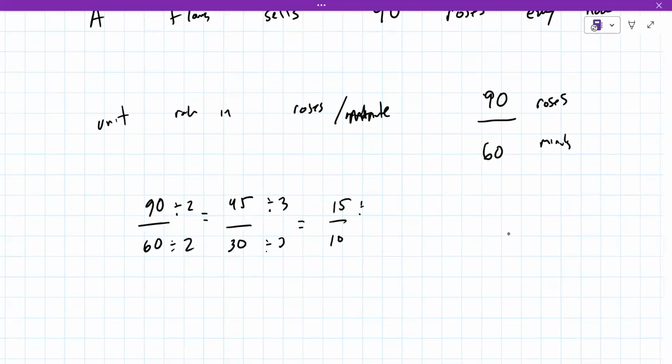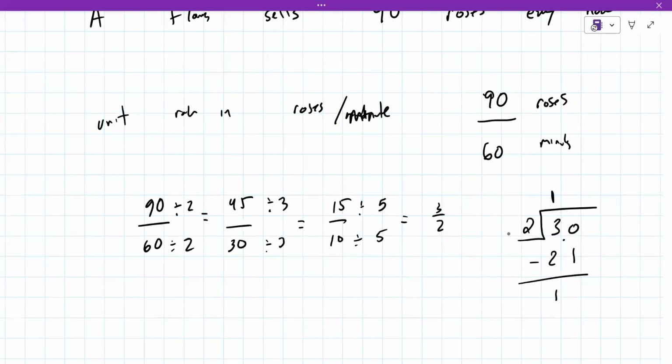You might try 5 now. And you would get 3 over 2. Now 2 into 3 goes in there one time, times 2, bring down the 0, 5, 1.5.